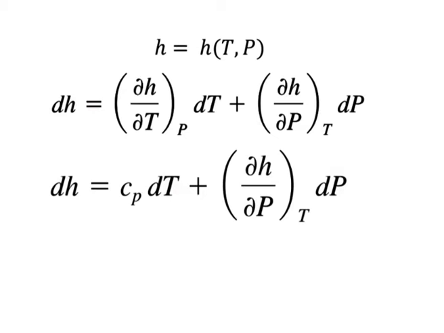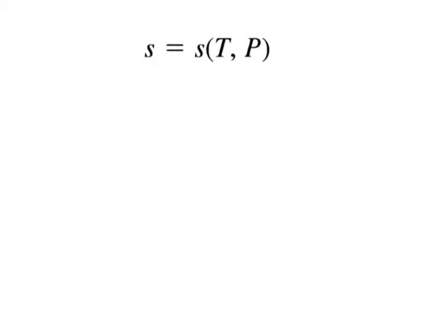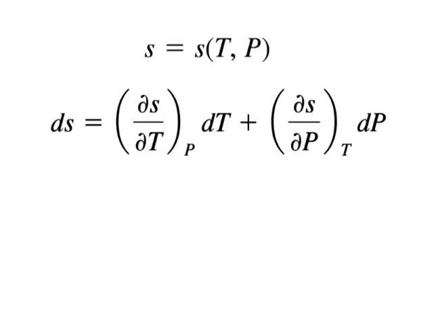Now we choose the entropy to be a function of T and P, that is we take S is equal to S(T, P) and take its total differential as dS is equal to partial derivative of S with respect to T keeping P constant into dT plus partial derivative of S with respect to P keeping T constant into dP.